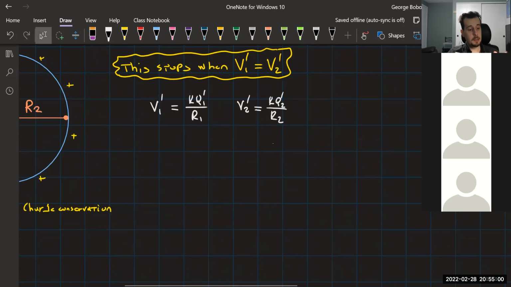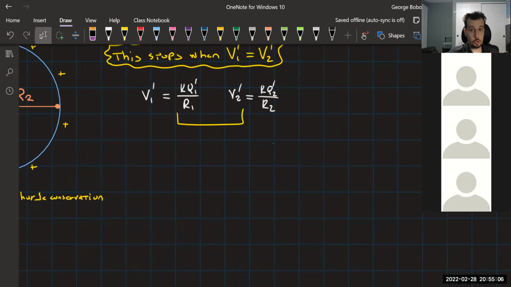So we have to equilibrate these potentials. That's going to give us the second relationship that we need to solve the problem. So KQ1 prime over R1 is equal to KQ2 prime over R2. The K's drop.